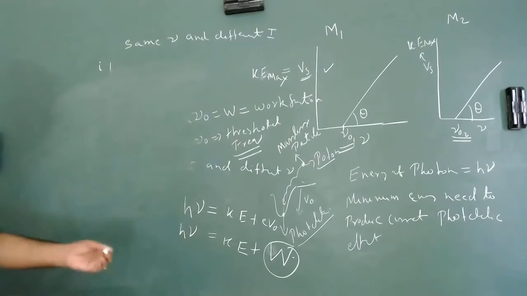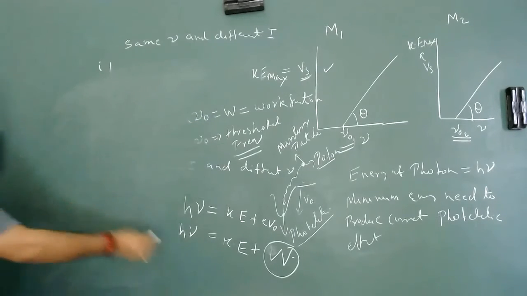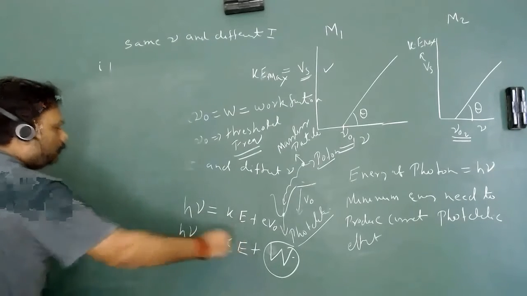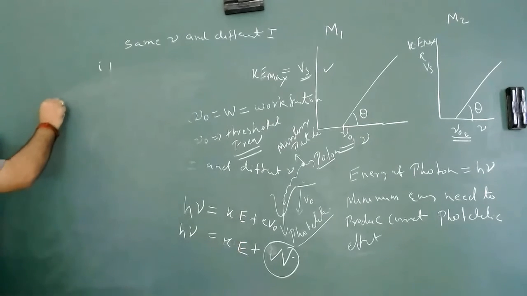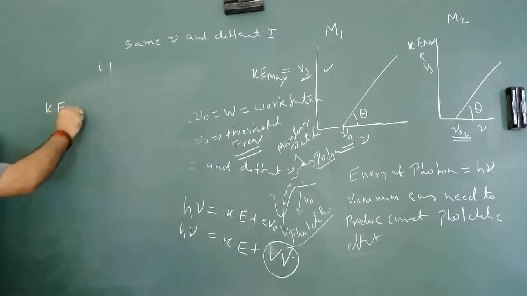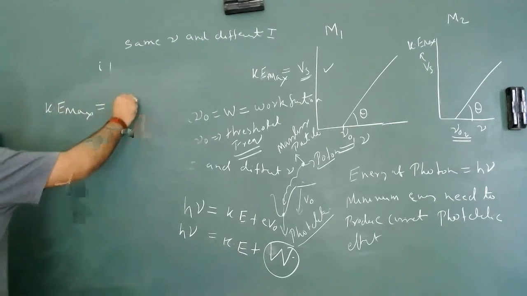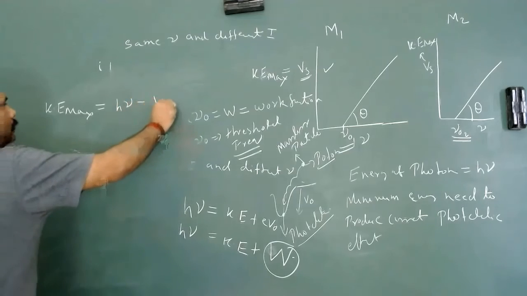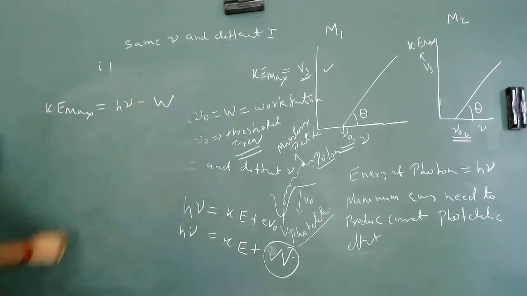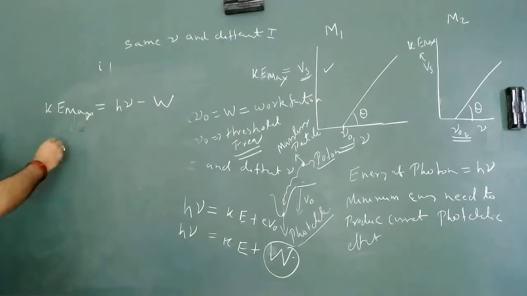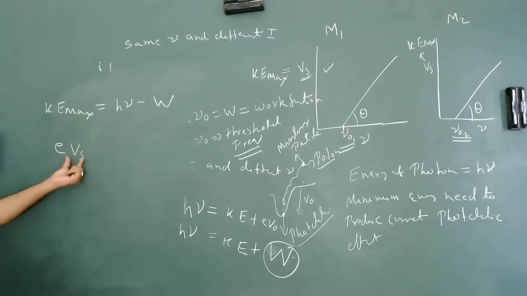If we take the maximum kinetic energy, the maximum kinetic energy must be equal to h nu minus W, and W is all about the threshold frequency, and this maximum kinetic energy is related to the stopping potential.